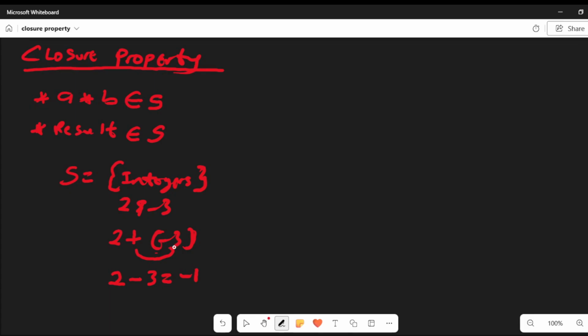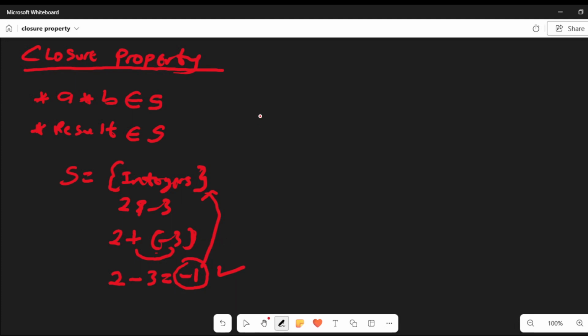That's the first condition. The second condition is that the result we get is also an integer, a member of set S. That means set S is closed under addition in this operation.